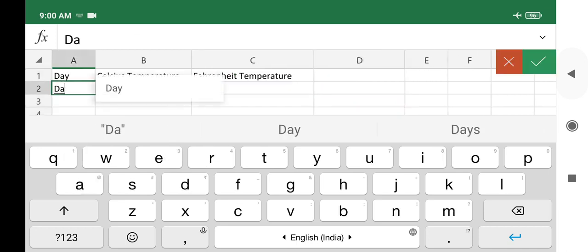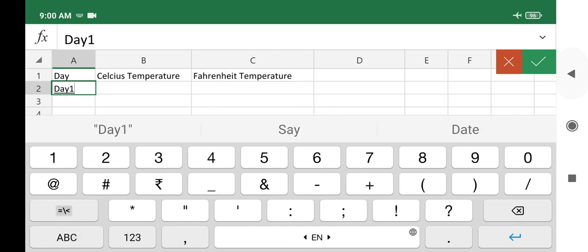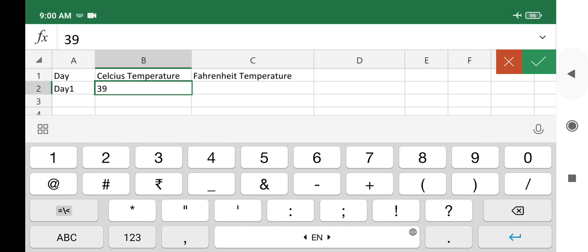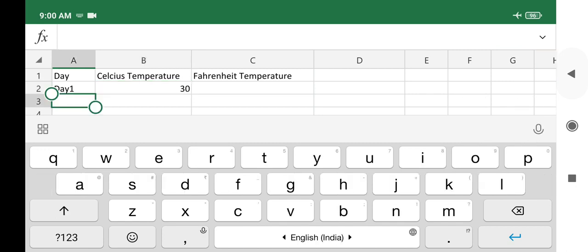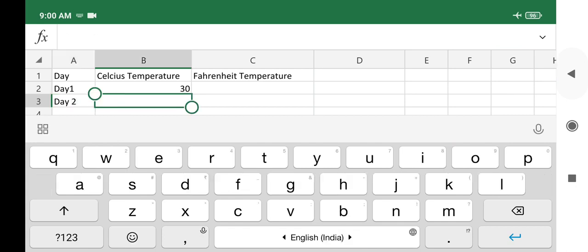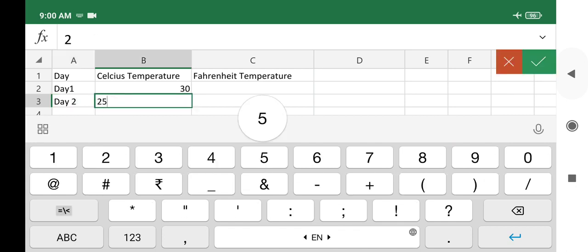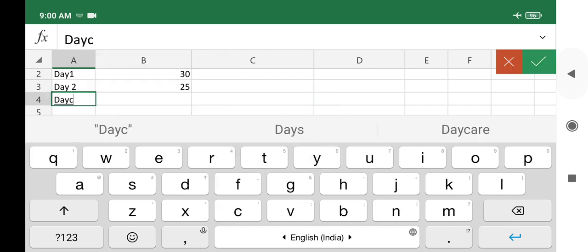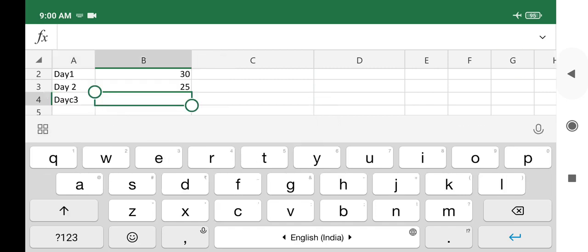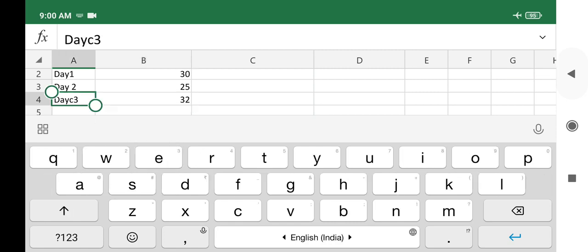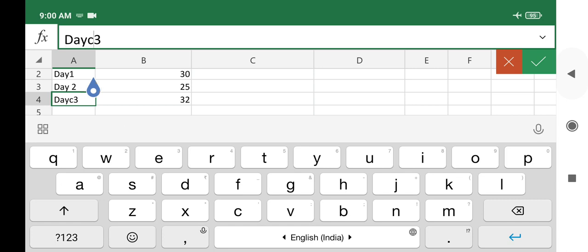Now we're going to type the data. Day 1 temperature is 30 degrees Celsius. Day 2 it is 25 degrees Celsius. Day 3 it is 32 degrees Celsius.